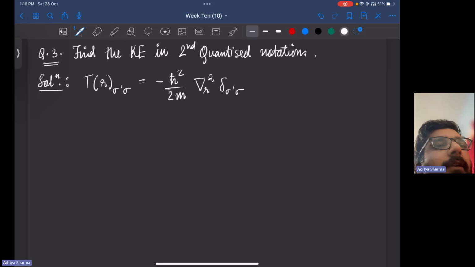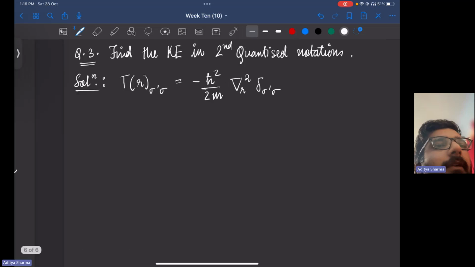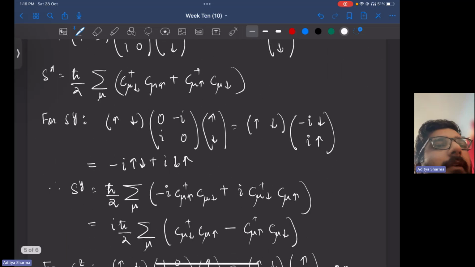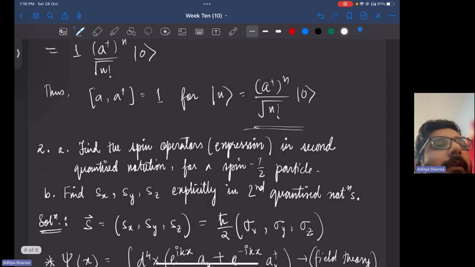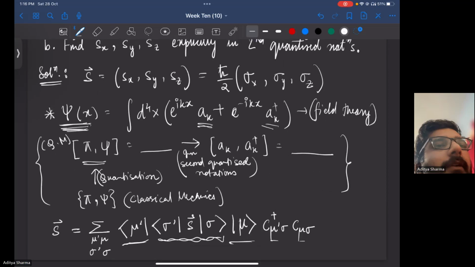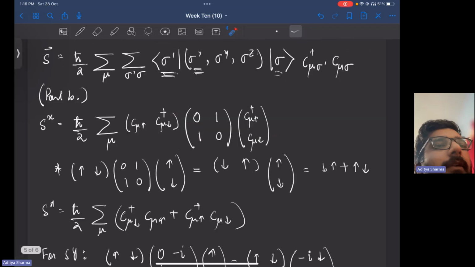Now we have to take its Fourier transform and get the momentum space basis, as I had written here. So we have the kinetic energy in the position space basis, and we are going to take the Fourier transform to get it in the momentum space basis, and that's it. We are done.